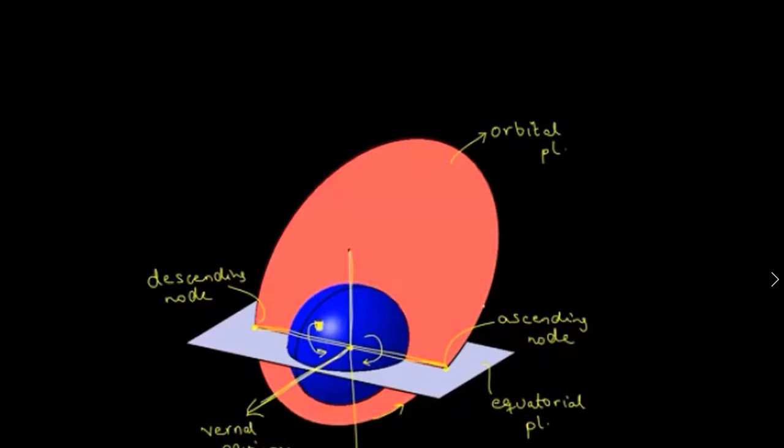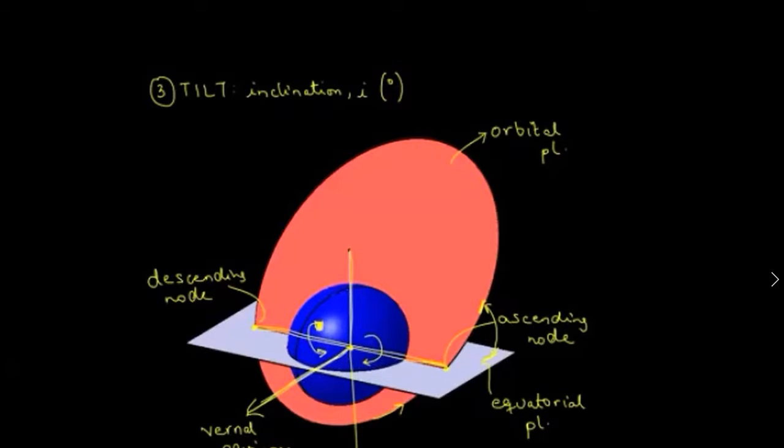This determines the angle between the orbital plane and the equatorial plane, that angle there, and that is our third parameter, that which determines the tilt of the orbit. The parameter itself is known as inclination, denoted by the letter I, measured in degrees from the equatorial plane to the orbital plane.